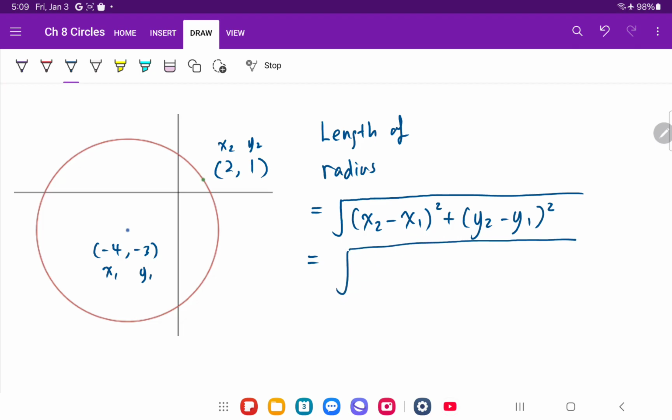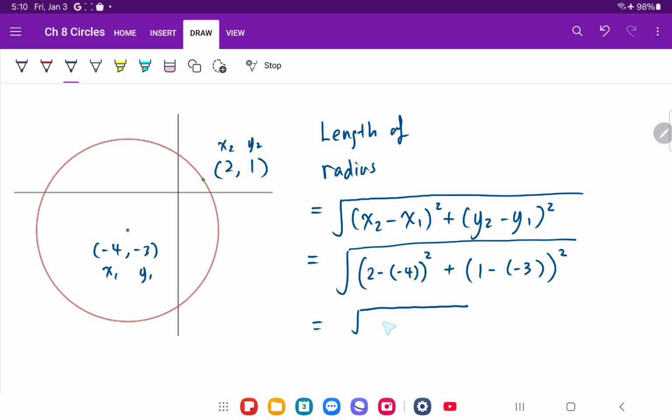Okay, be careful of the negative signs. x2 minus 4. Okay, use the brackets carefully. Plus y1 minus 3 squared. Now you should be able to see that you end up with, okay, press your calculator properly.